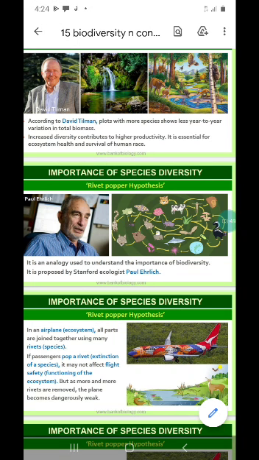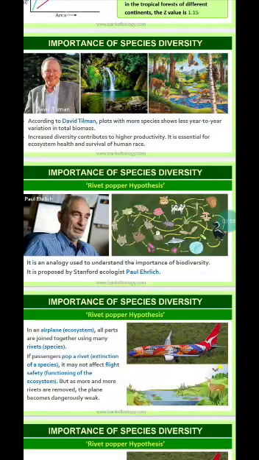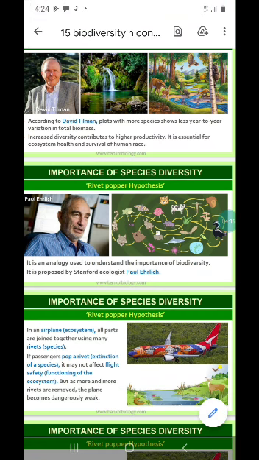He says if you compare an area with very few species, both plants and animals, to another area which has a larger number of species, the area with a variety of species will show less year-to-year variation in total biomass. Increased diversity contributes to higher productivity. It is essential for ecosystem health and survival of the human race.